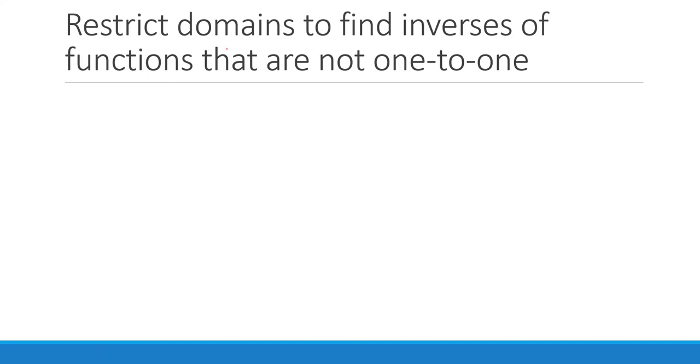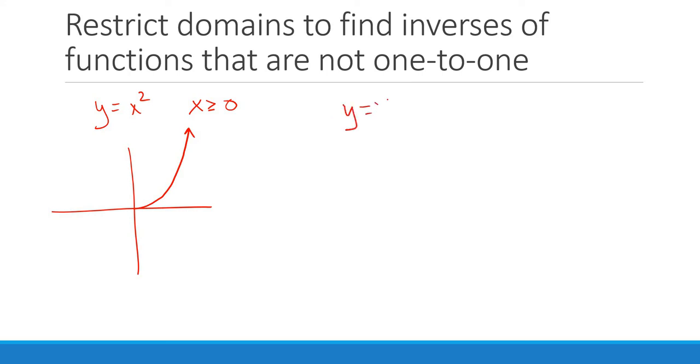By restricting the domain, we can find inverses of functions that are not one-to-one. So let's look again at our y equals x squared. If I say that I'm going to just look at this when x is greater than or equal to 0, now my function is just this piece. And now since x has to be greater than or equal to 0, when I flip this and do an inverse of y equals the square root of x, then I'm always going to get a positive solution.